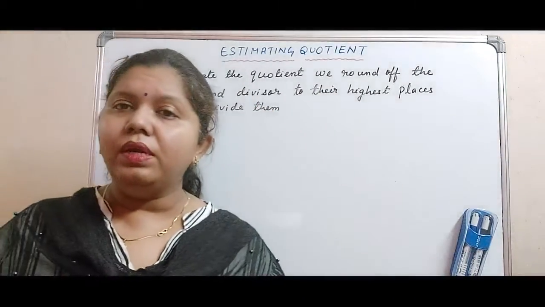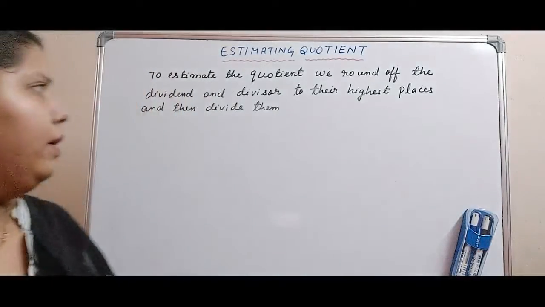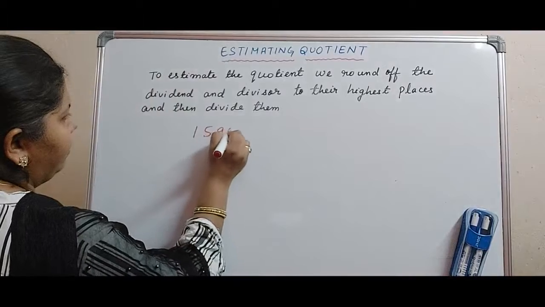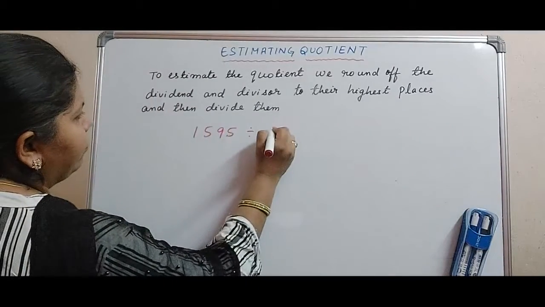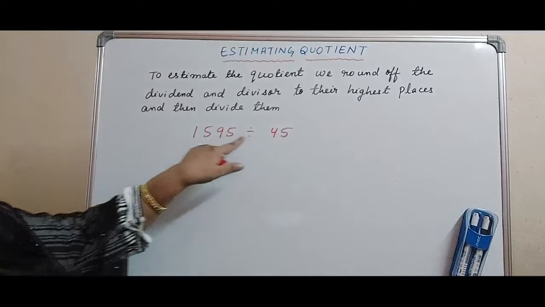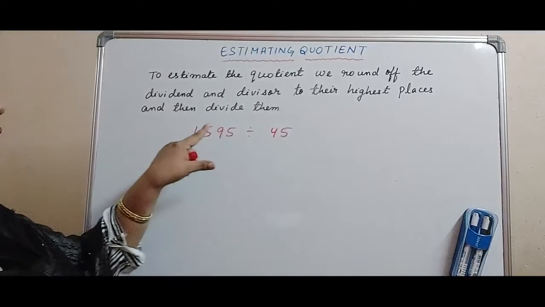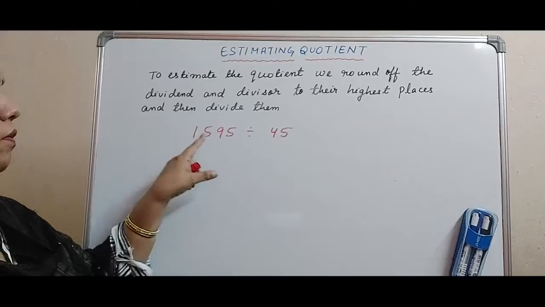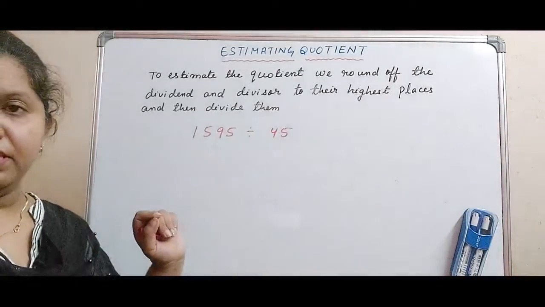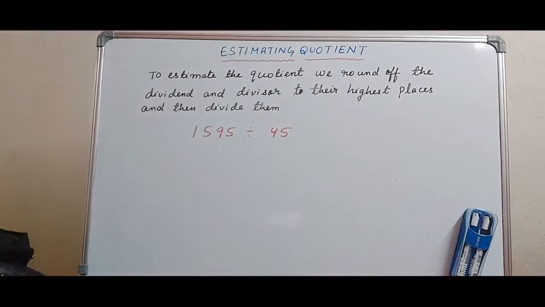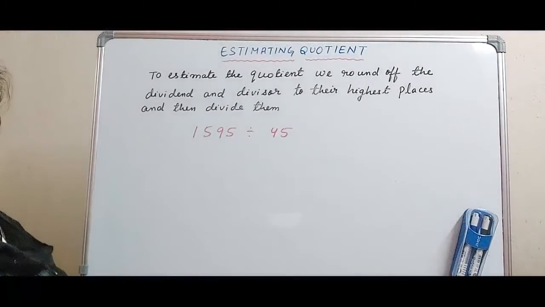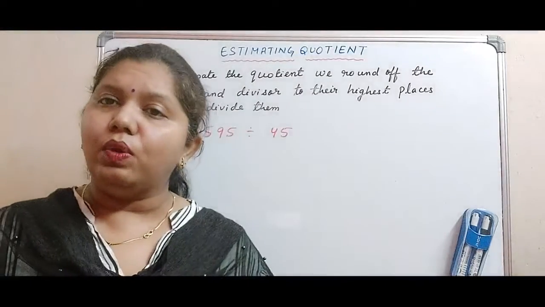Highest place means what? Suppose I have 1595 divided by 45. This is the dividend and this is the divisor. We have to round off each of them to their highest place. 1595 is a 4-digit number, which means its highest place is the 1000 place.